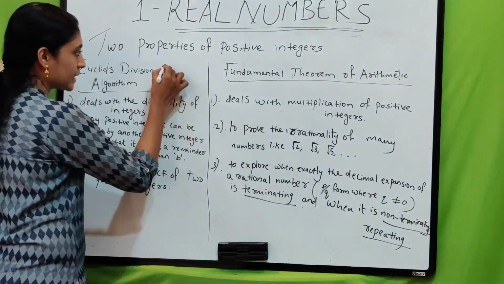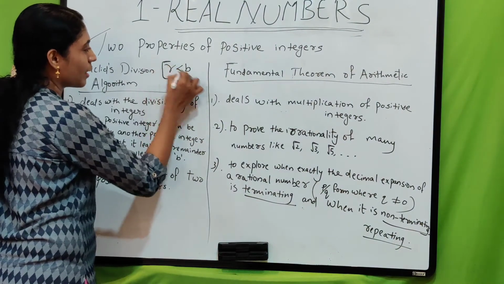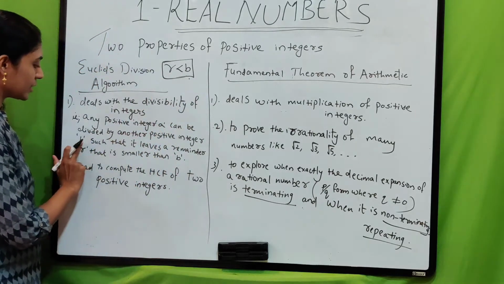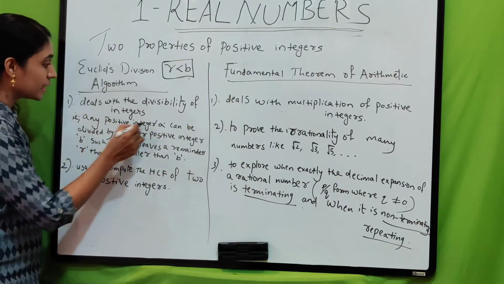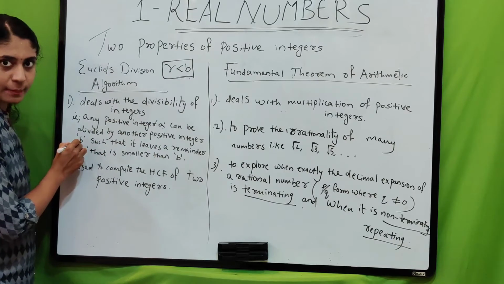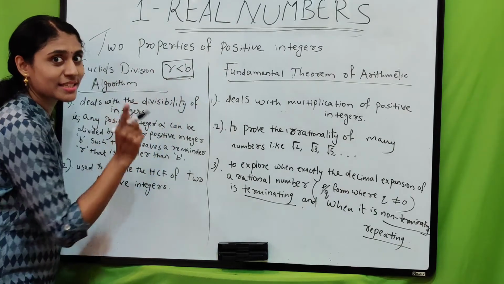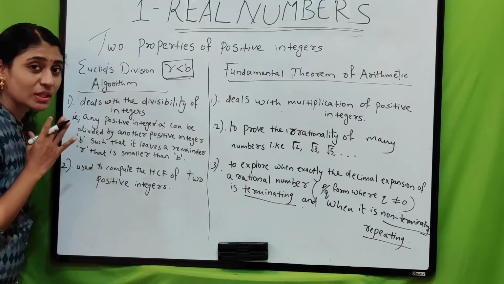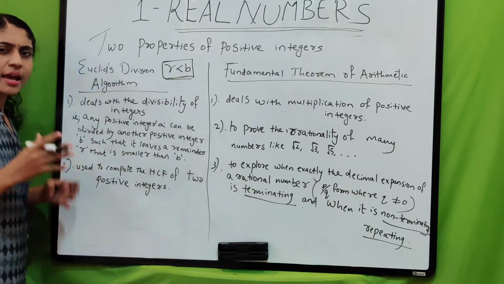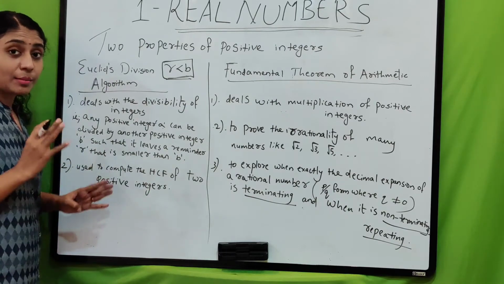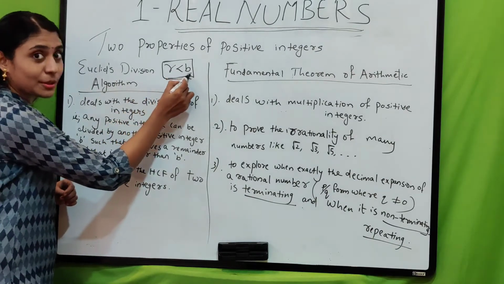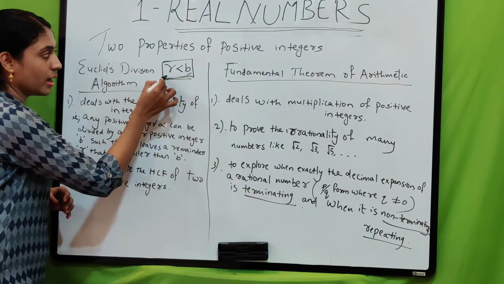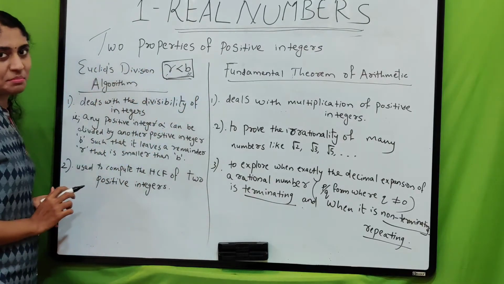Remember, we will discuss it in detail, but just remember r is always less than b, where b is some positive integer by which a is divided.